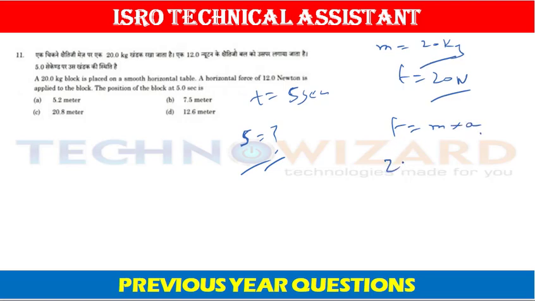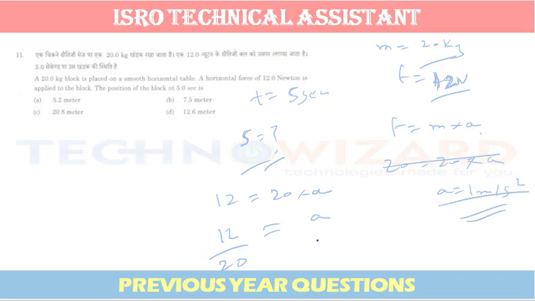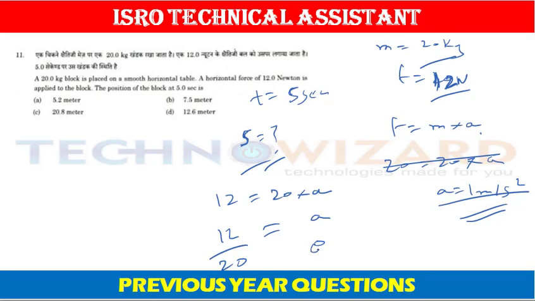The force is 12 Newton. Therefore 12 is equal to 20 into a, so a is equal to 12 upon 20, which is equal to 0.6 meter per second square.